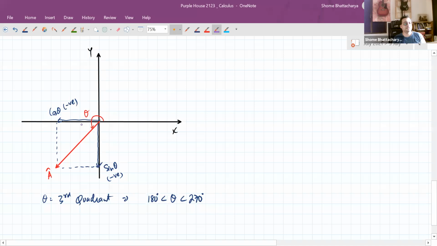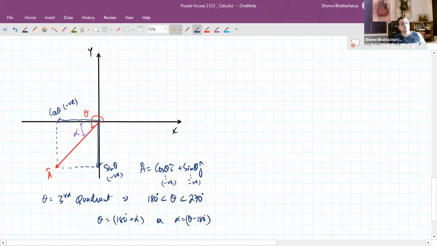And now if I take this angle as alpha, you can see that theta is equal to 180 plus alpha, or alpha is equal to theta minus 180 degrees. So from this you can see that since my unit vector is cos theta i cap plus sin theta j cap, but here this is negative and this is also negative.